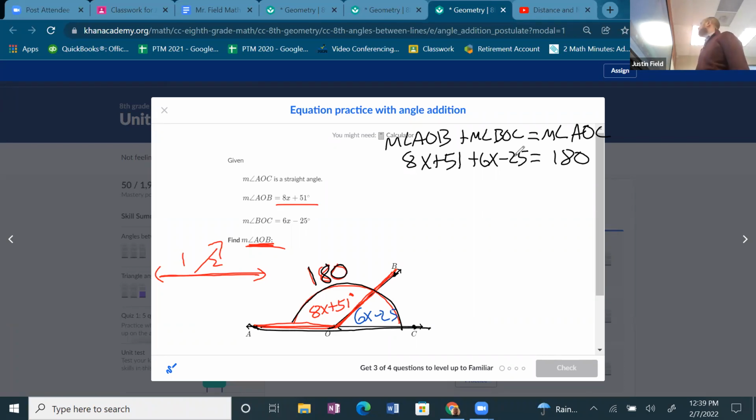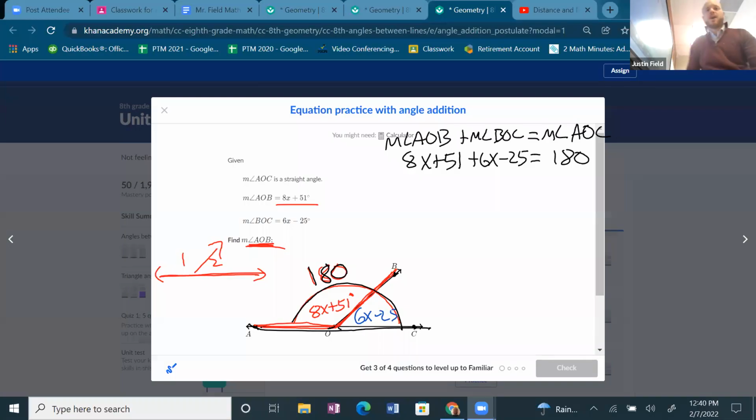All right, and now we're going to combine the like terms. We're going to use our success criteria for solving. The success criteria says: combine the like terms and then put the variables on the left and the numbers on the right.